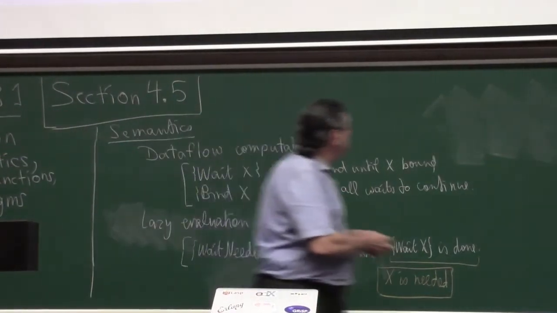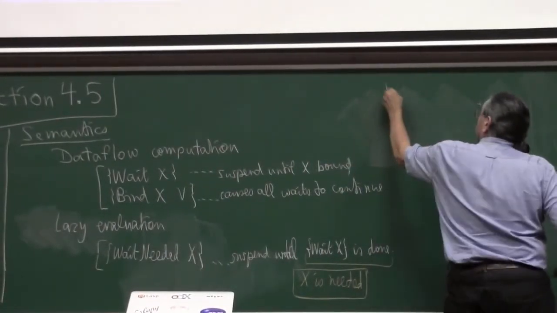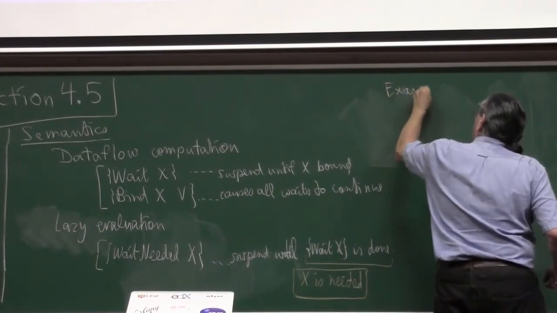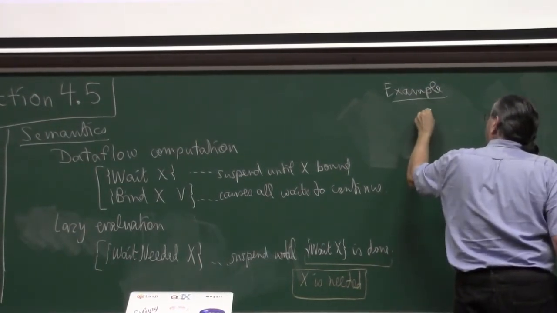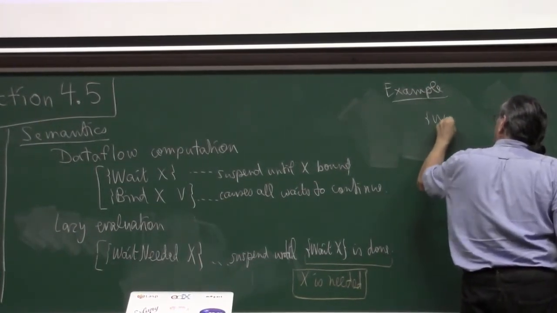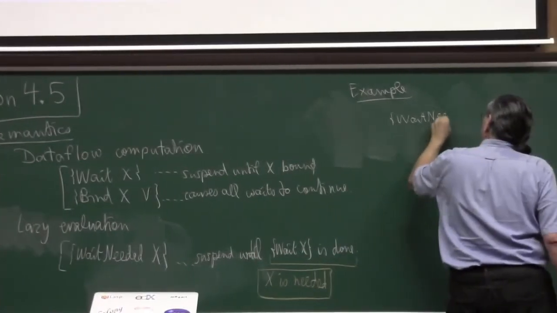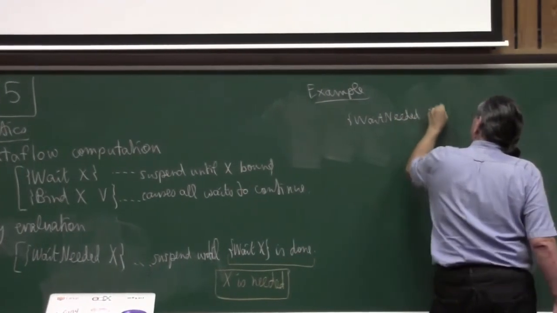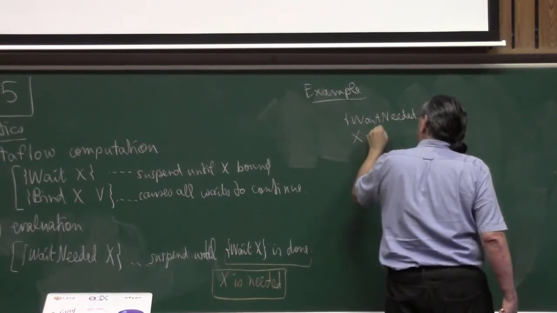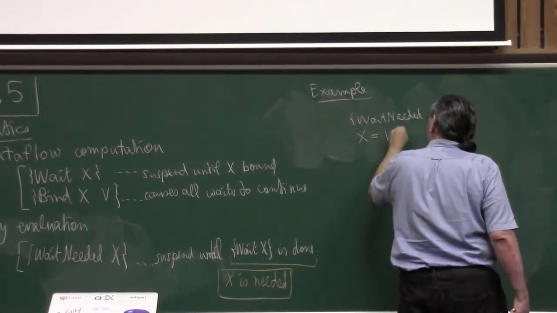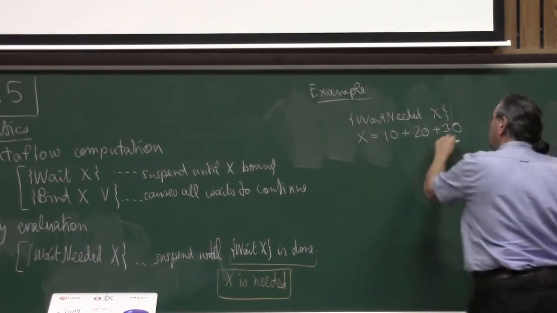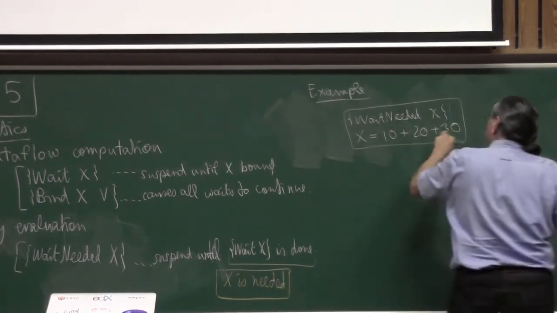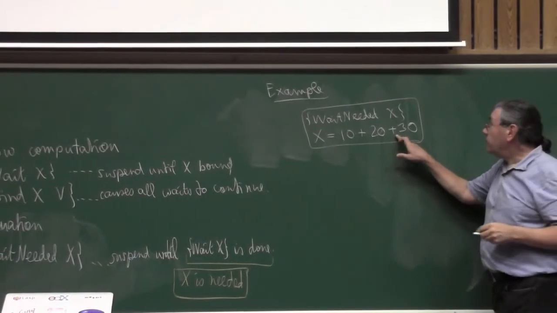So this allows us to do some very interesting things. Let's say I have x, I do wait needed x, and I do x is equal to a big computation. Whatever. When I do this in a thread, this will suspend here.